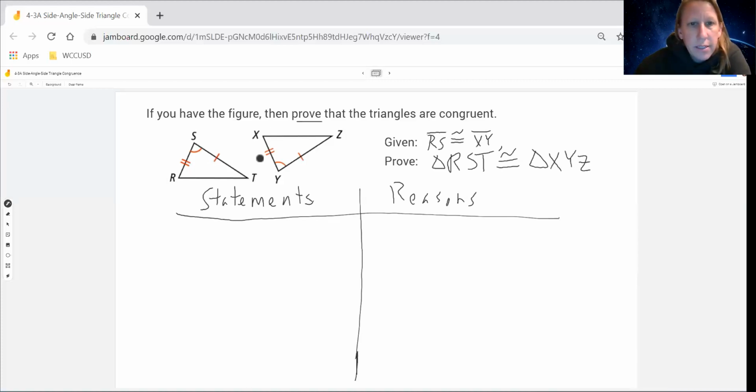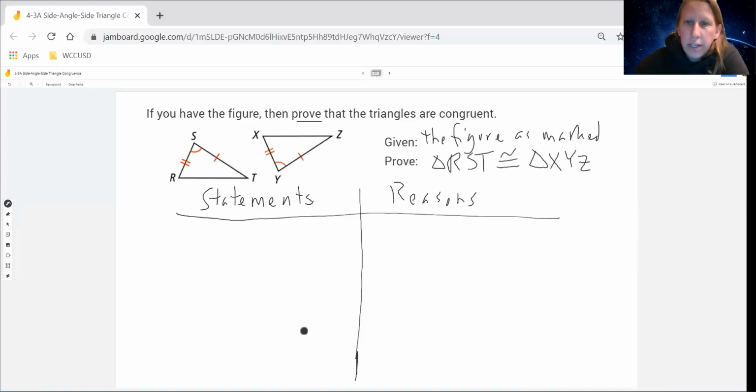Line segment RS has the same mark as line segment XY. You know what, I changed my mind. We'll put that in a second. If you remember that, great. Okay, I'm just going to say we're given the figure as marked. Sometimes that's the given information.